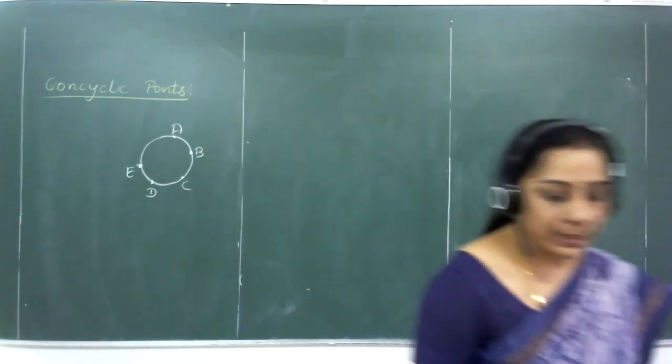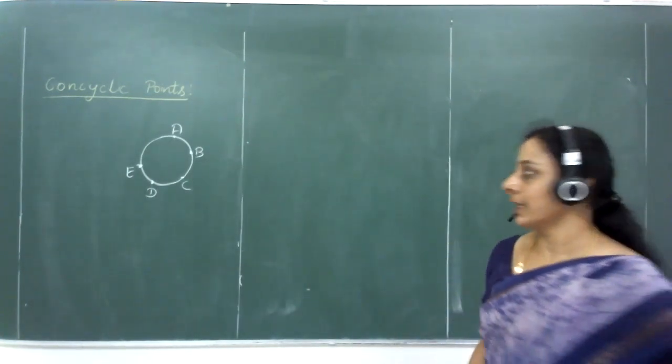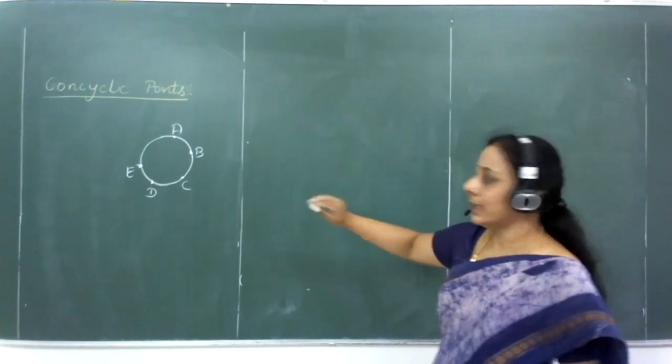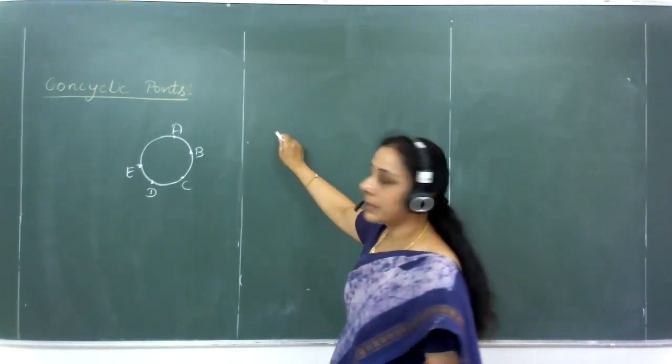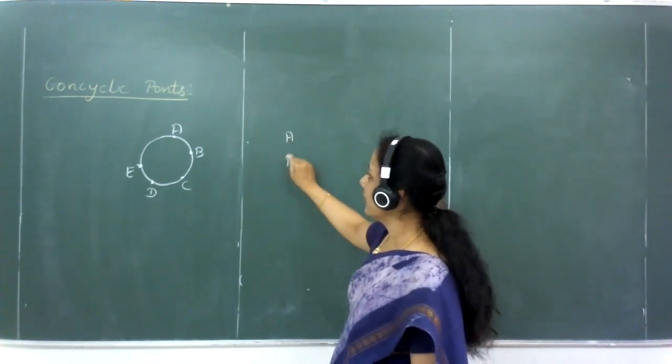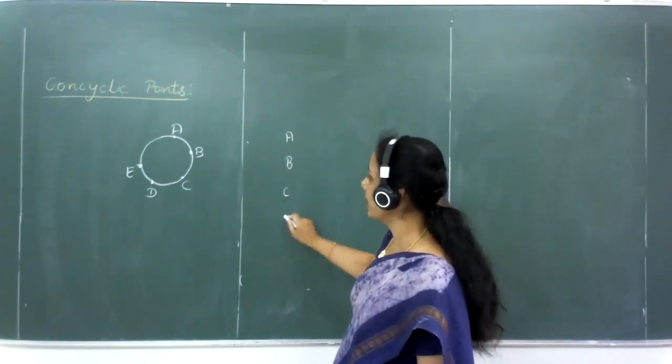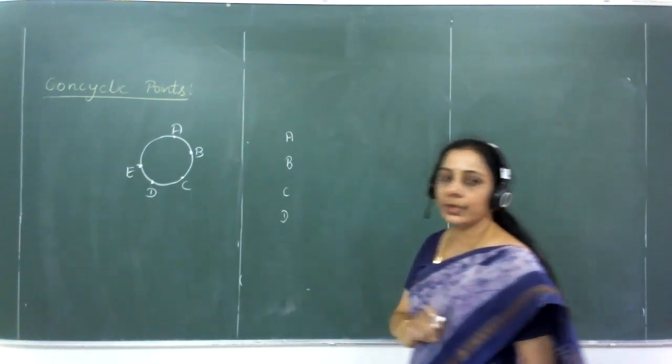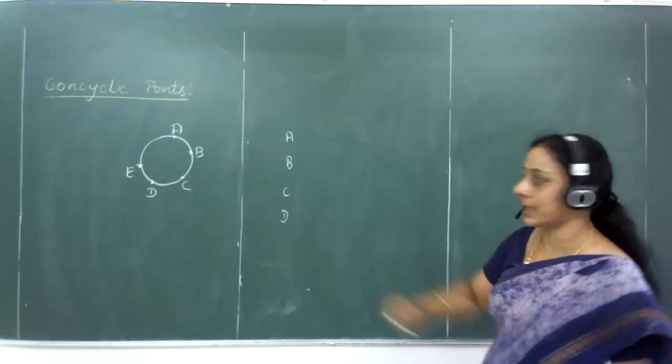Now here, based on concyclic points, we have a question wherein they will give 4 different points. Maybe the coordinates of the point A, of the point B, of the point C, and then the coordinates of the point D will be given to us.